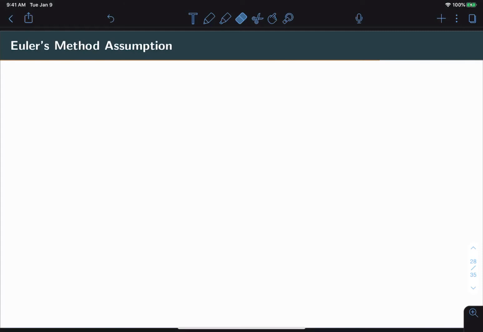Okay, so first let's look at Euler's method and its key assumptions. Let's start by looking at the displacement over time. So as usual, at time ti, we'll assume that we know the displacement.